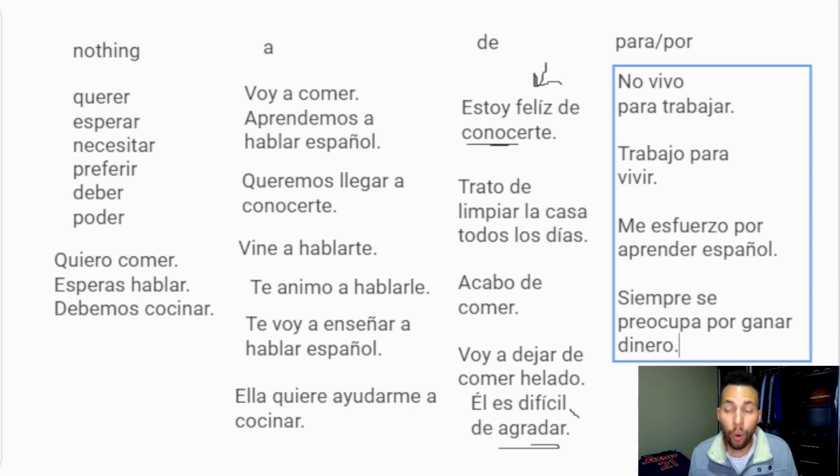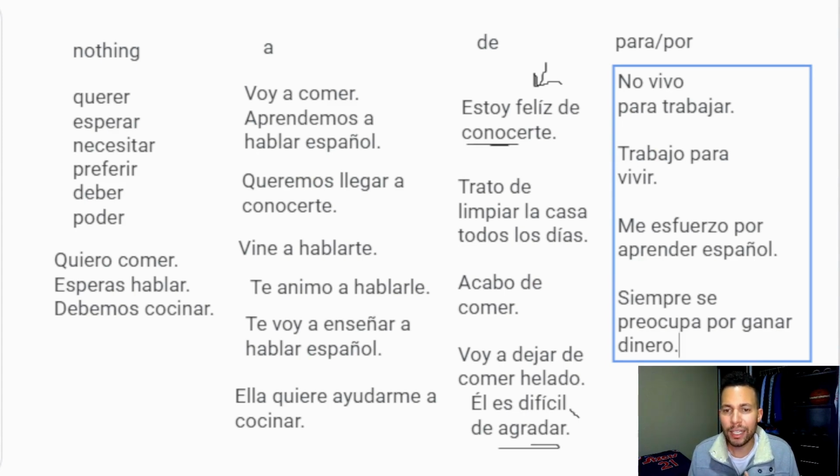Now we're getting into por, me esfuerzo por aprender español. I exert myself to learn Spanish. A little weird in English there. Maybe there's a more normal way of saying that in English.